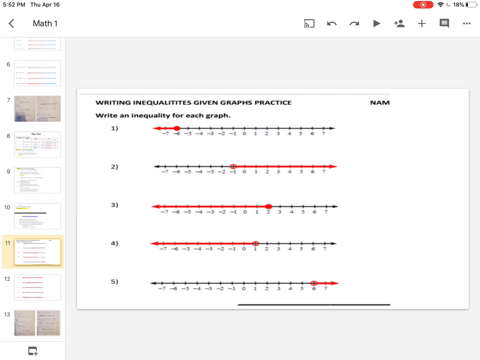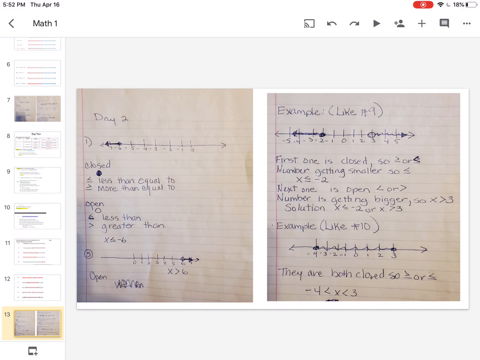So when it's closed, we have x is less than, with a line underneath it, or equal to -6. You need to remember that when it's open, there's no line underneath it, and when it's closed, there is a line.